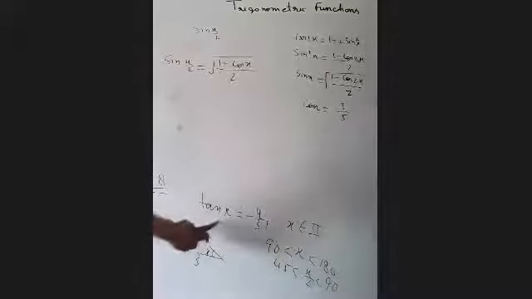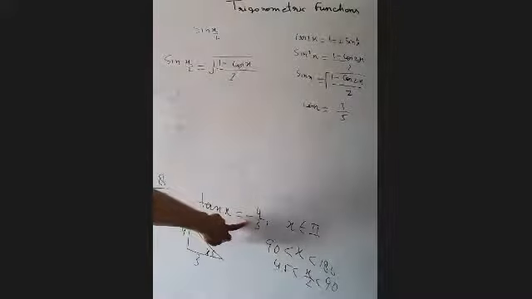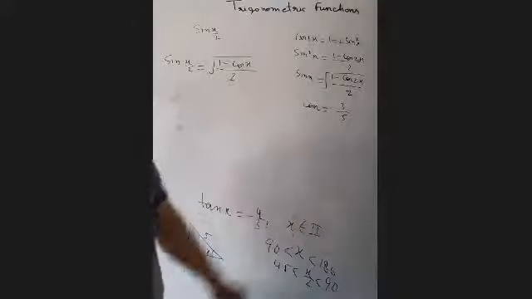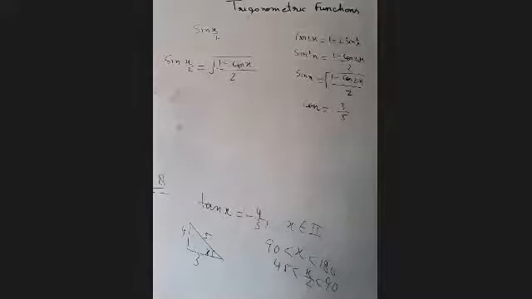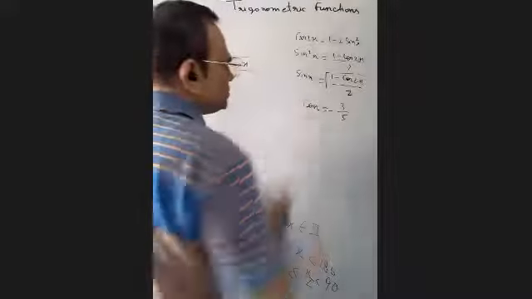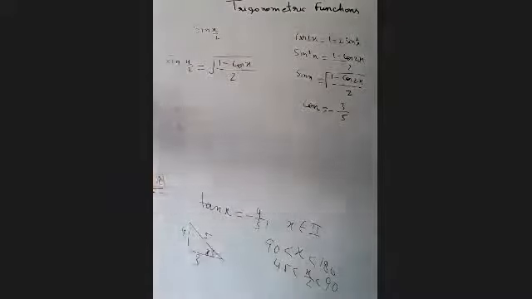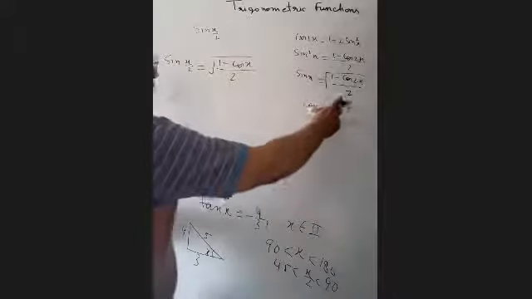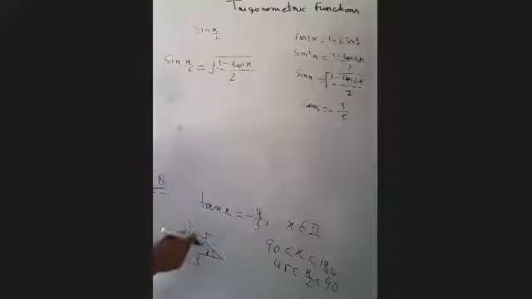But you have to take care of the minus sign also. Tan x is negative, यानी कि x is lying in the second quadrant. So the value of cos x will also be negative. ठीक है? So many things you have to take care of, with what angle they have given you and what we have to find out. So the value of cos x in the second quadrant is minus 3 upon 5.